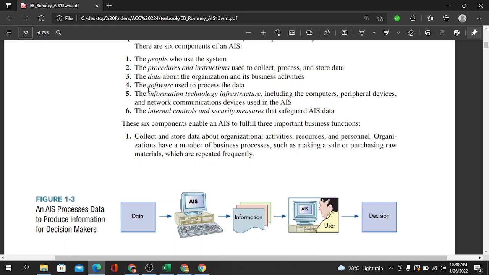You have the good software, you have the nice infrastructures and mga peripheral devices, but you miss out the internal control and security measures. So what happened? What do you think? Anong mangyayari, no, if there are no proper internal control and security measures in your AIS, no? So, kaya we also focus on this, no, in our transaction processing cycle. So, we have the procedures and ito, nakaligtaan natin, no, the internal control and security measures in your AIS, no?